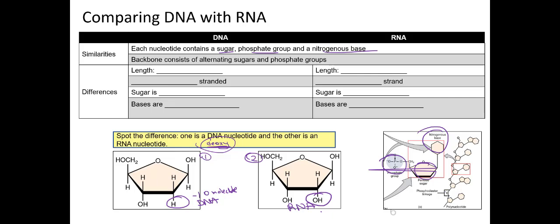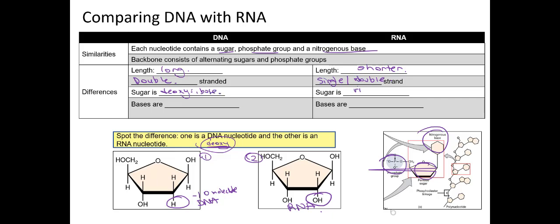When we look at the differences between DNA and RNA, in terms of length, DNA is long, whereas RNA is shorter, right? DNA is double-stranded, whereas RNA can be either single or double. The sugar in DNA is deoxyribose because it's missing an oxygen.